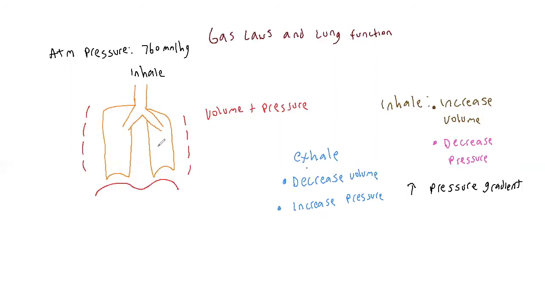So I'm going to go ahead and just for fun, list this as 800 millimeters of mercury. So what's going to happen is that you are going to increase the pressure gradient in the other direction. So now you have made your lungs more pressurized than the atmosphere by making the container smaller.